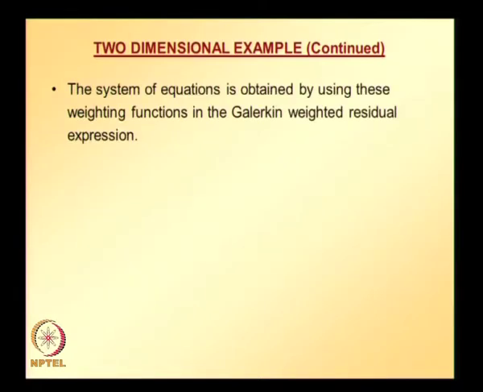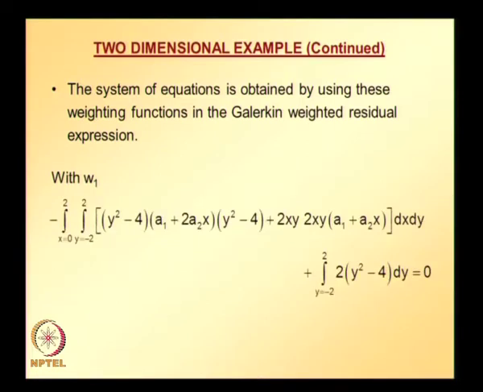So, the system of equations is obtained by using these weighting functions in the Galerkin weighted residual expression. Substituting w1 in the previous equation of Galerkin weighted residual, we get this, which can be simplified, and we get this equation which consists of a1 and a2.